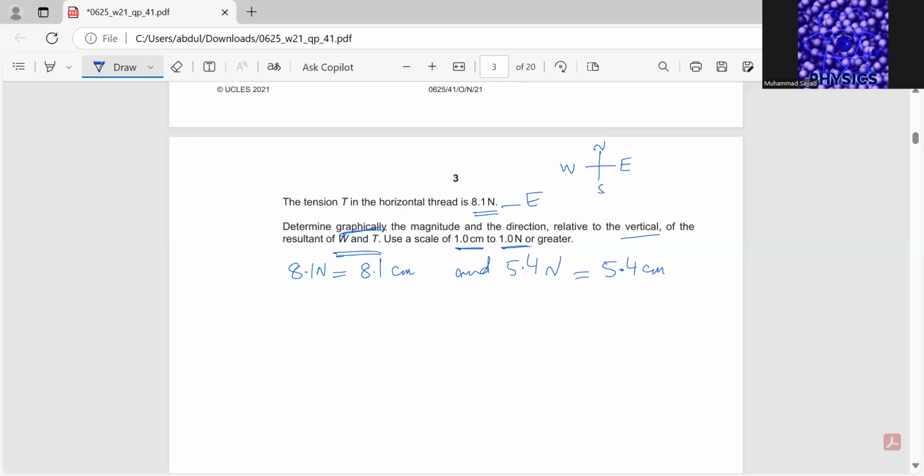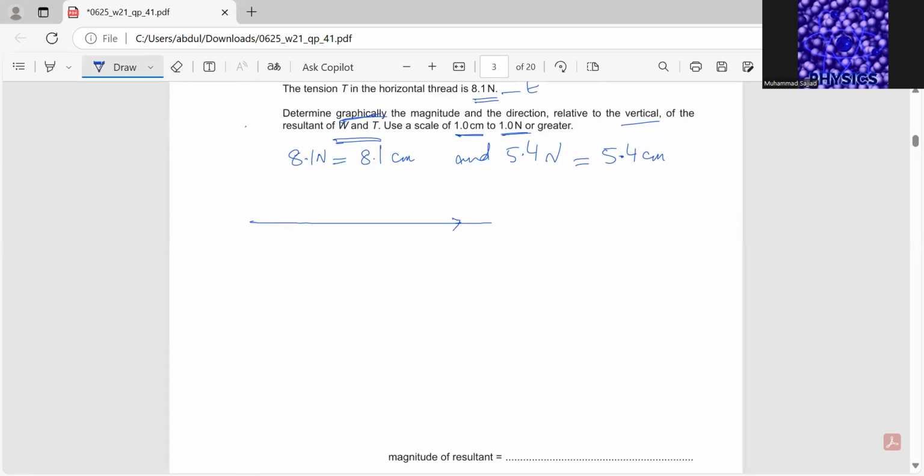I'm starting with the tension, which is 8.1 centimeters due east.